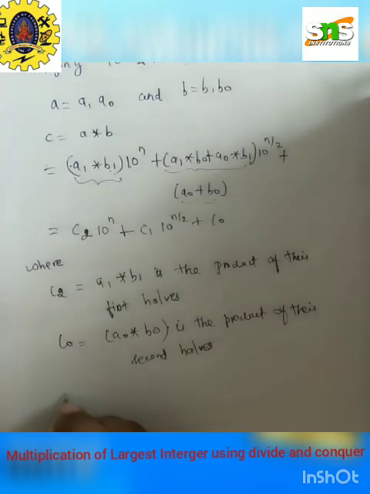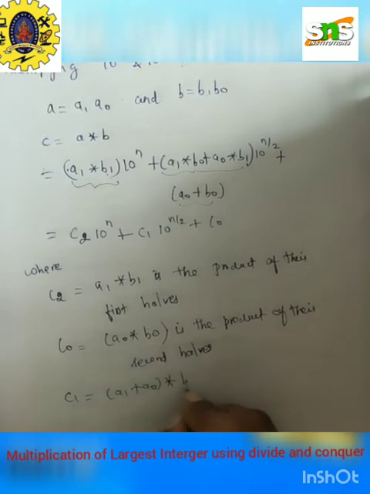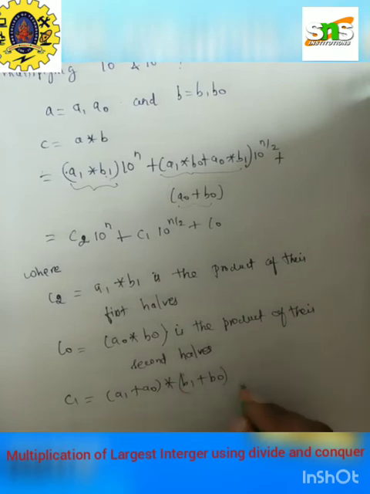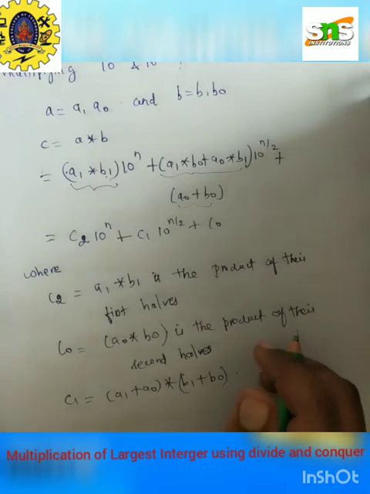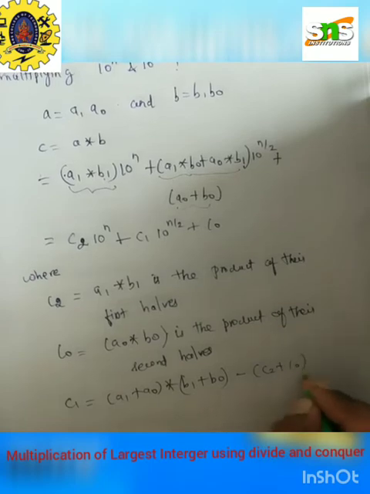Then C1 will be written as C1 is equal to (A1 plus A0) star (B1 plus B0) minus C2 plus C0.